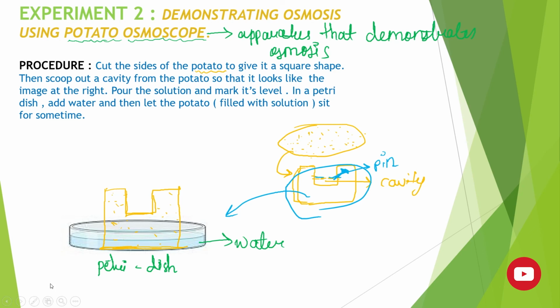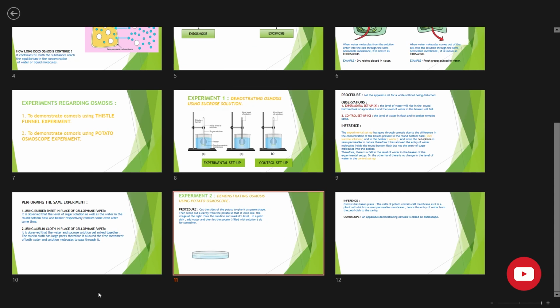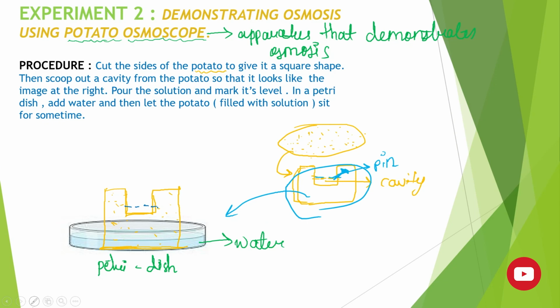Now we are going to pour sucrose solution in this cavity up to a low limit, and then mark the level of the solution using a pin. Suppose this is a pin. Then what we have to do? Just wait and let the apparatus sit undisturbed for some time.